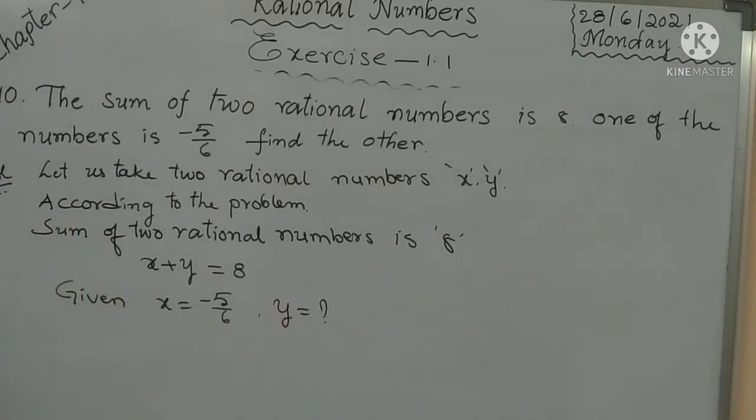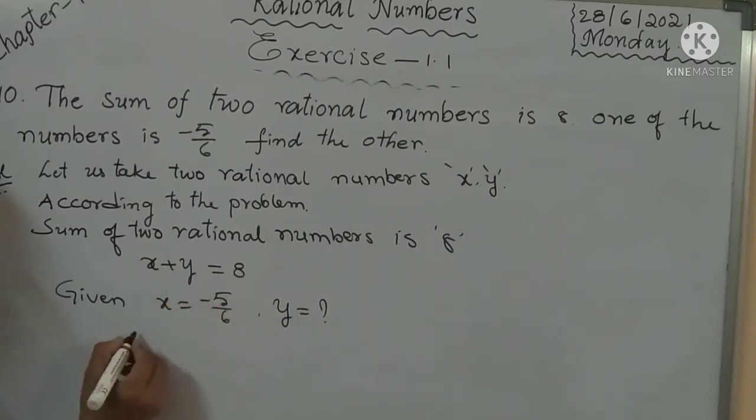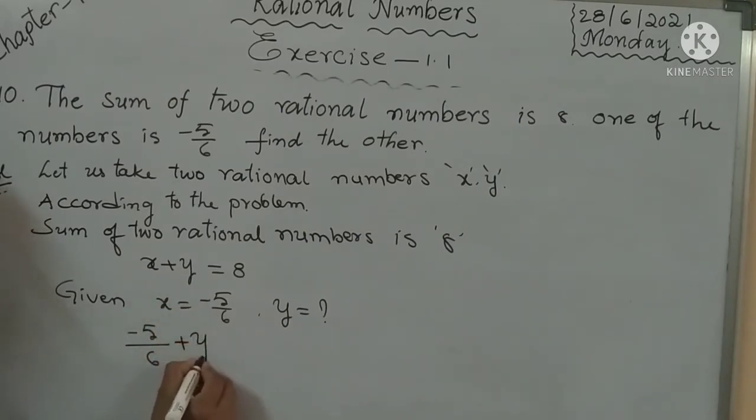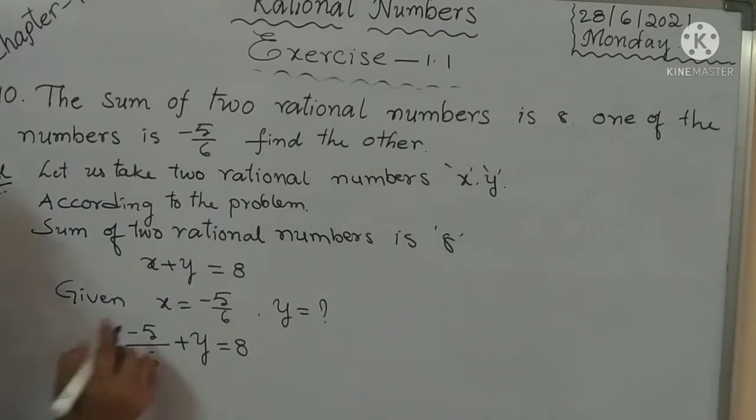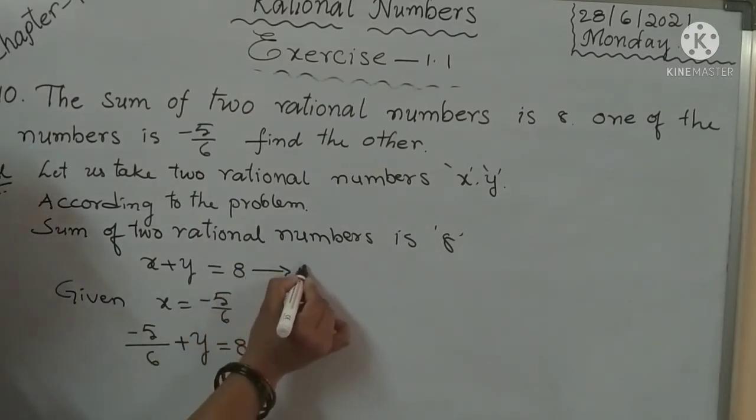So y is equal to how much? Here substitute in the equation x is equal to minus 5 by 6. So minus 5 by 6 plus y is equal to 8. This is equation 1.